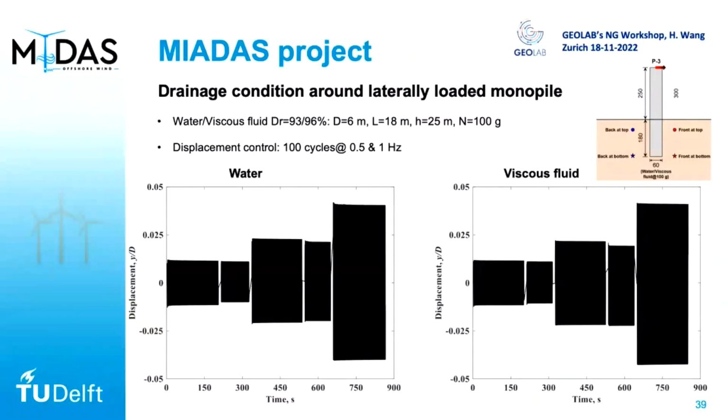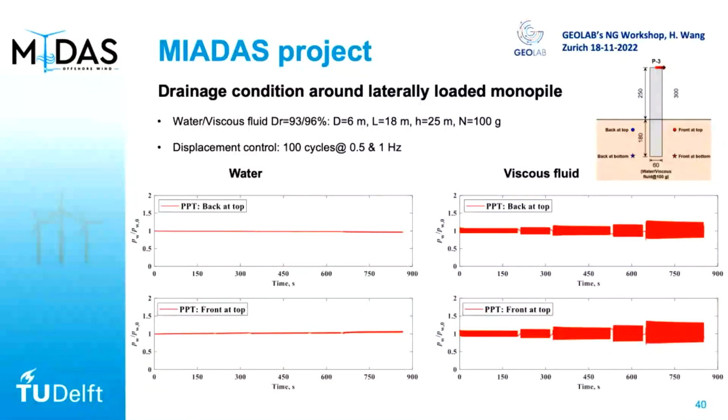Then we did some cyclic tests, both in water and viscous fluid saturated soil, at different displacement amplitudes and different frequencies. On the left is the pore pressure response in water, which is almost nothing, very, very small. On the right, there is more response from the pore pressure, so there is excess pore pressure generated.